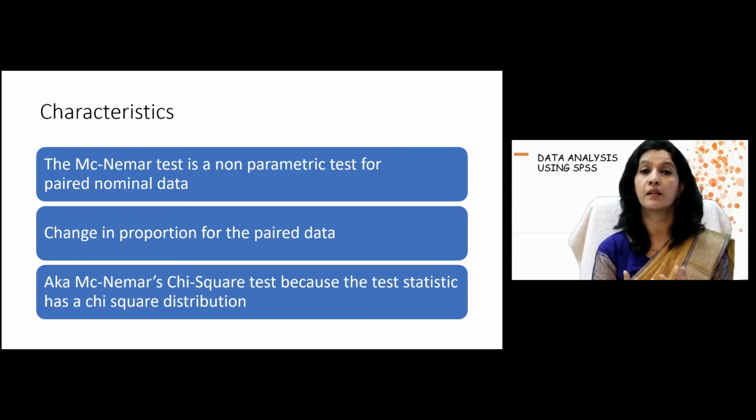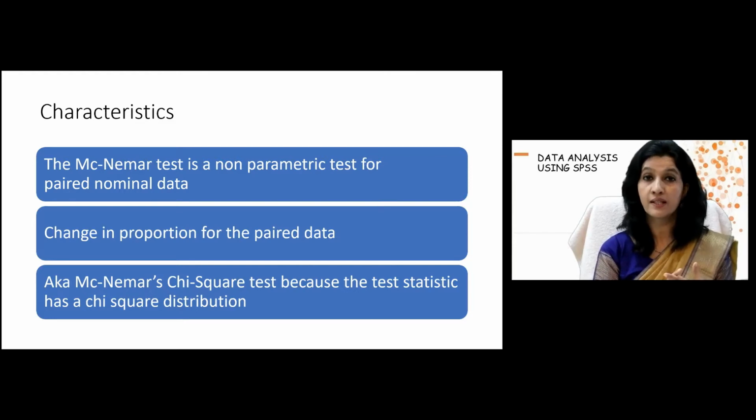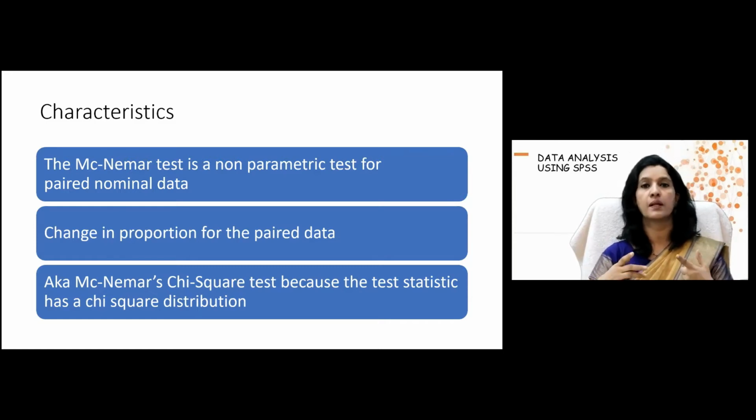And we use the same 2x2 table for this McNemar test, which we have used for the chi-square test and for the calculation of risk. So today also we will use this 2x2 table for the calculation. There's a way to do that also, but again we'll go with the non-parametric way.